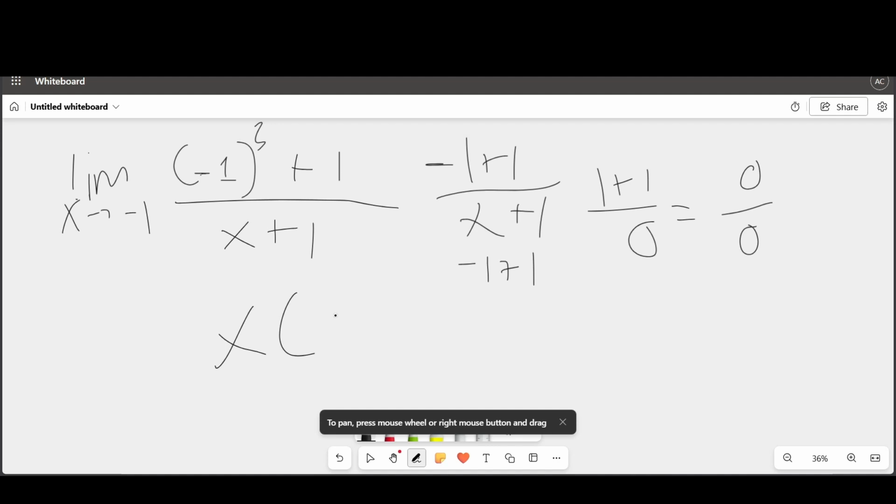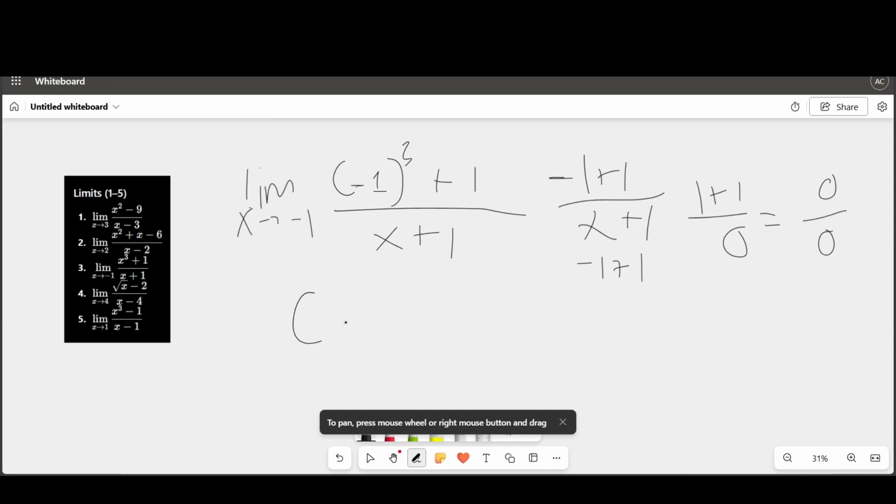Oh, hold on. So we have x plus 1, and we also have x squared minus. But why did it turn to x squared? Why did it turn to x squared? Then minus, nonetheless.